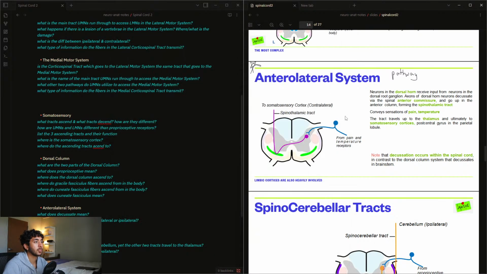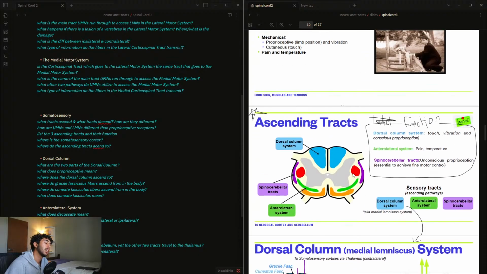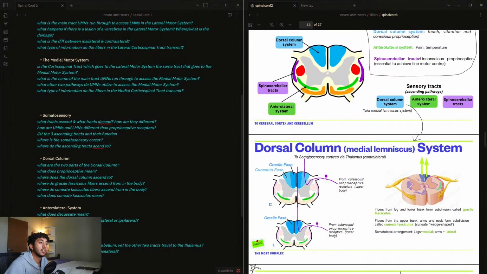Okay. So the spinothalamic tract is for the anterolateral system involved in pain and temperature and goes to the somatosensory cortex. We have the dorsal column system, which uses the medial lemniscus tract, and that goes to the somatosensory cortices via the thalamus.